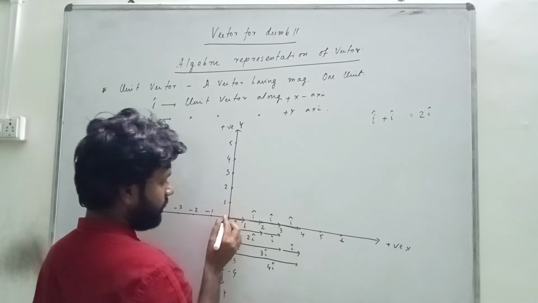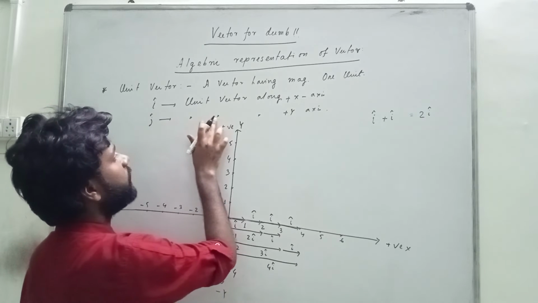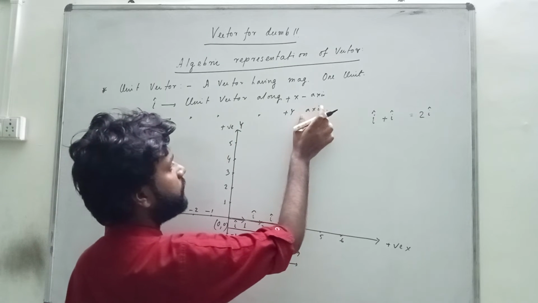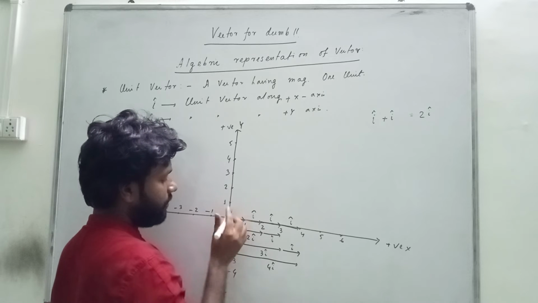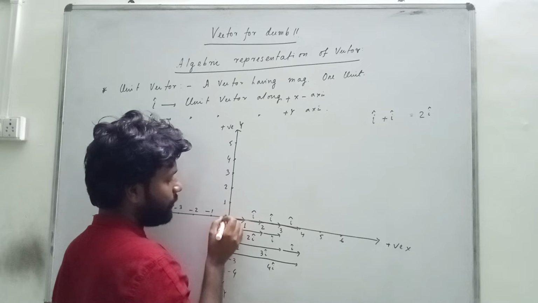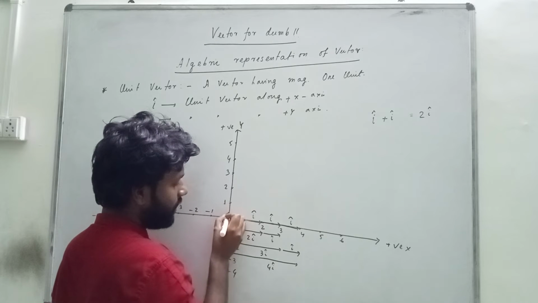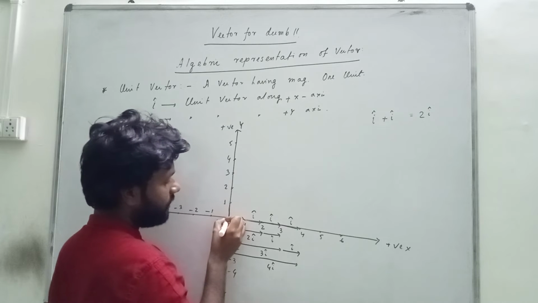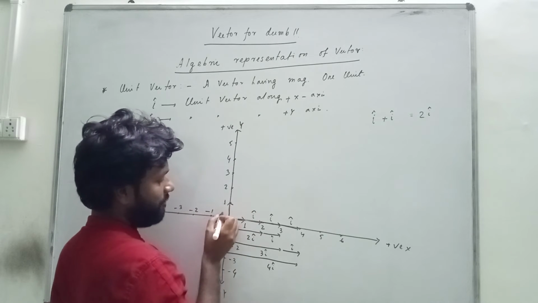Similarly, according to your y-axis, the j hat means unit vector along the positive y-axis. So obviously, from 0 to 1 is just one step, and since it is along the positive y-axis, it is your j cap, right?